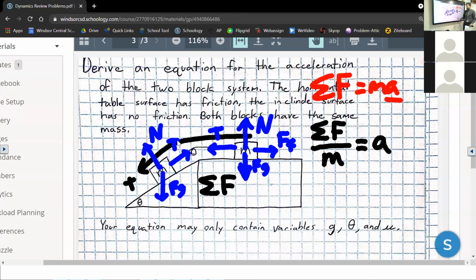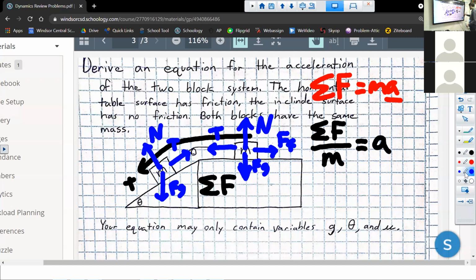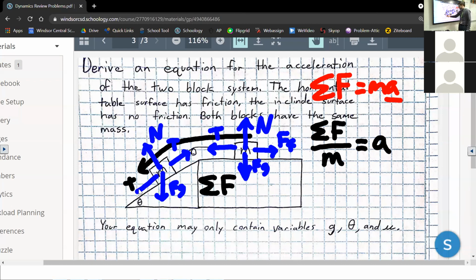But if the problem was give me the equation for acceleration and you forgot about tension, honestly it doesn't matter because, as hopefully we know, tension is going to ultimately cancel out here. But anyway, we want to just look at the forces that matter. And the forces that matter are going to be friction, the tensions, and the FGX pulling the block down the ramp.